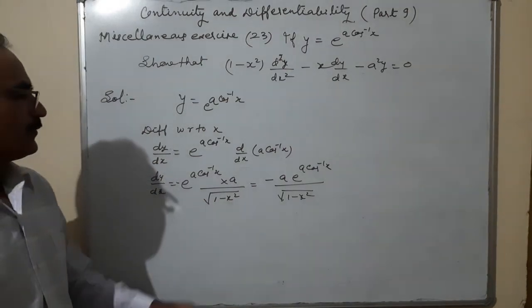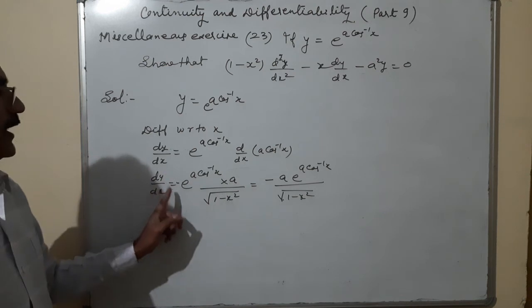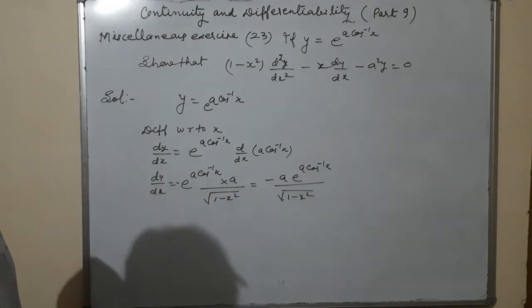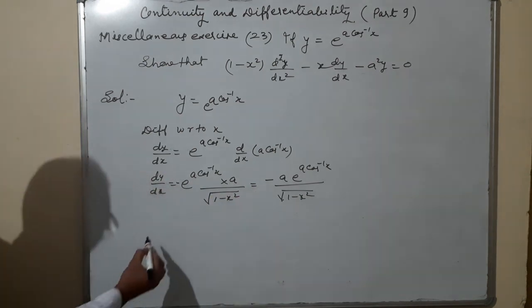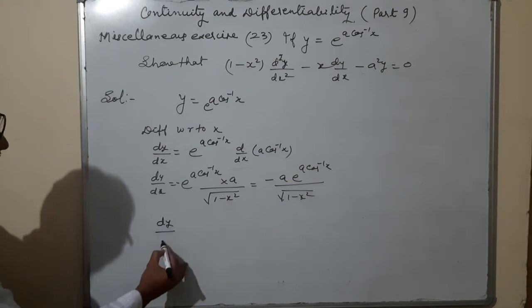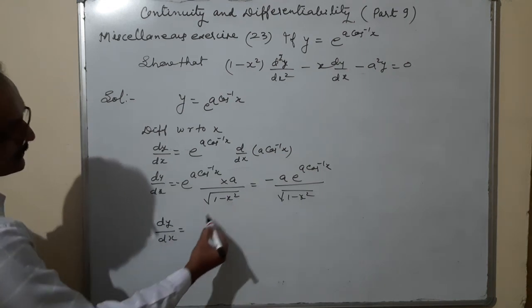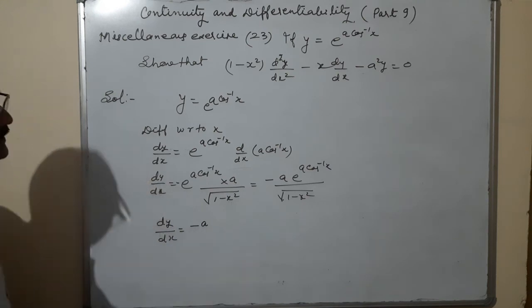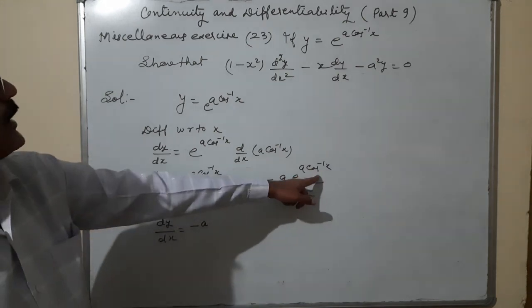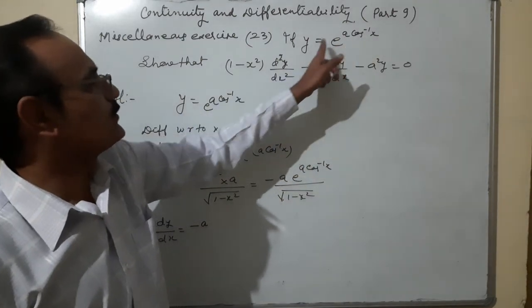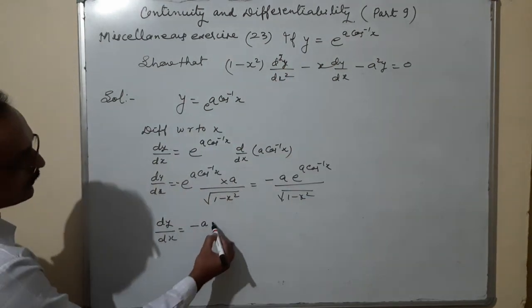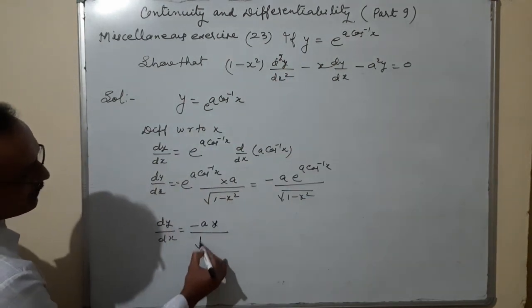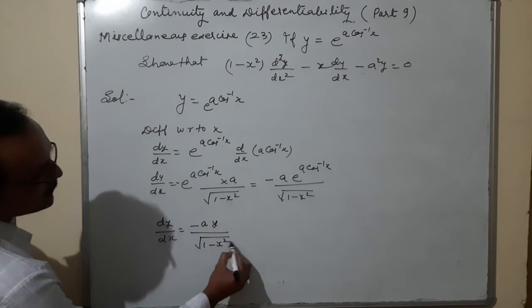Okay, this is the value of dy by dx, and here you can see that dy by dx is equal to minus a e to the power a cos inverse x, and e to the power a cos inverse x is y. So I'll write here y upon under root 1 minus x square.